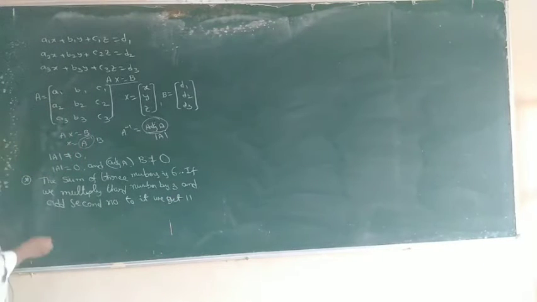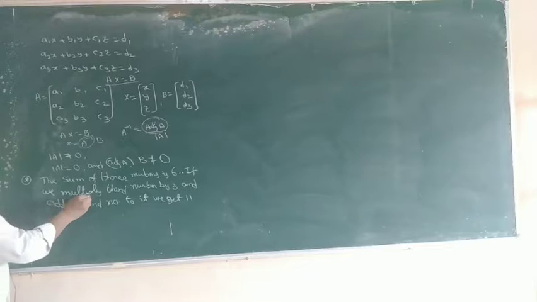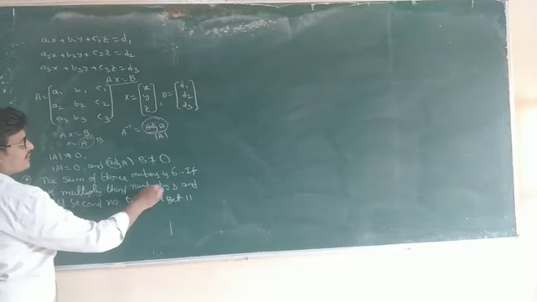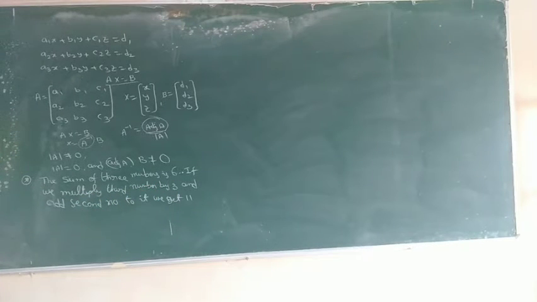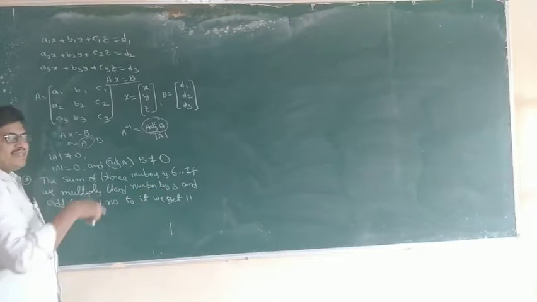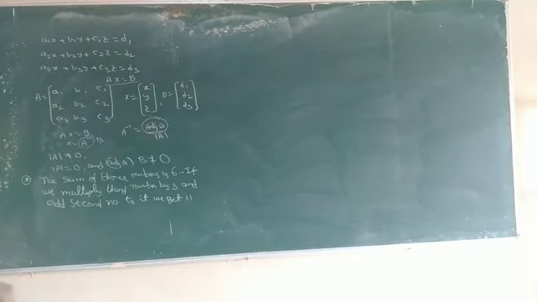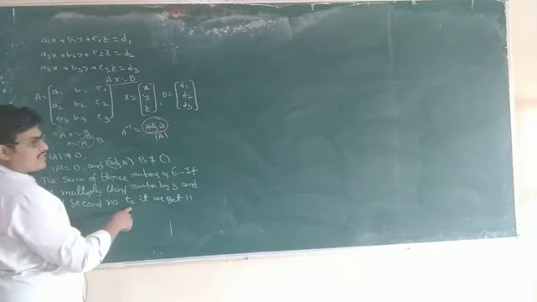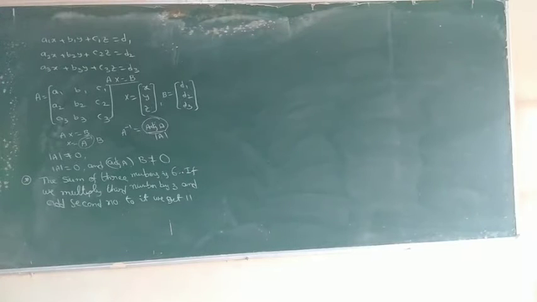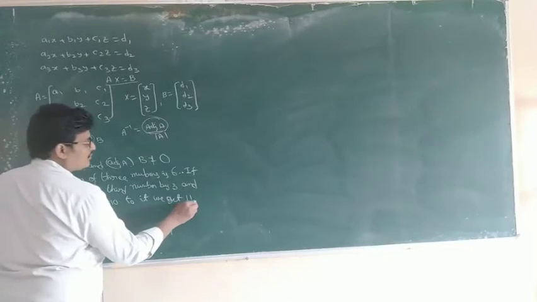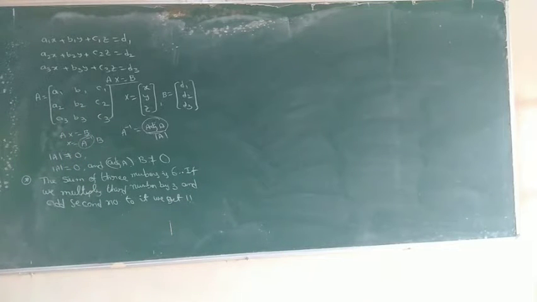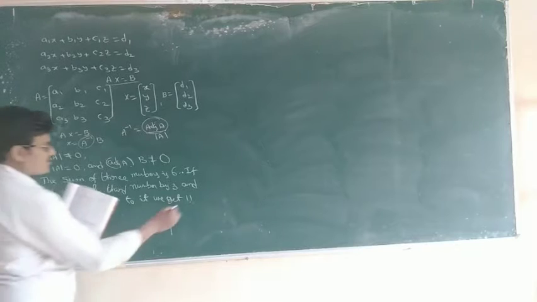What is the second equation? The third number is nothing but Z. Multiplied by 3 gives 3Z, and adding the second number, which is Y, gives Y plus 3Z equal to 11. Okay, understood?